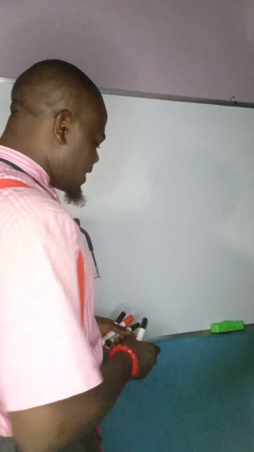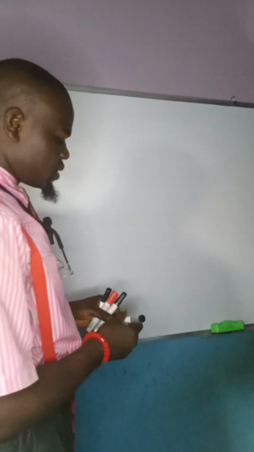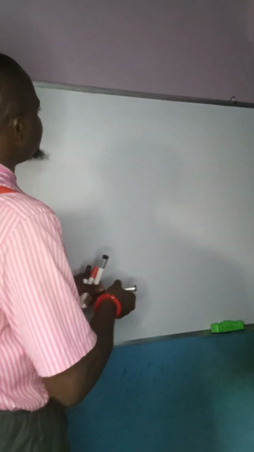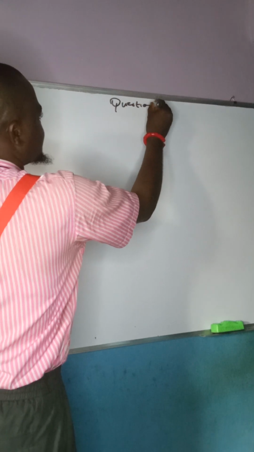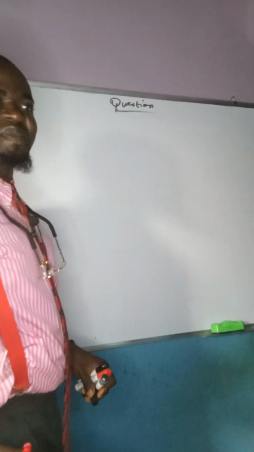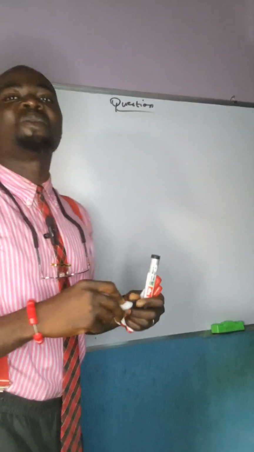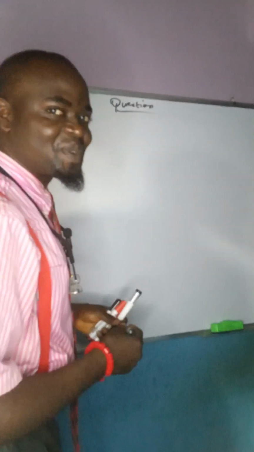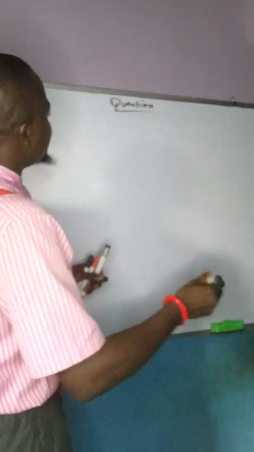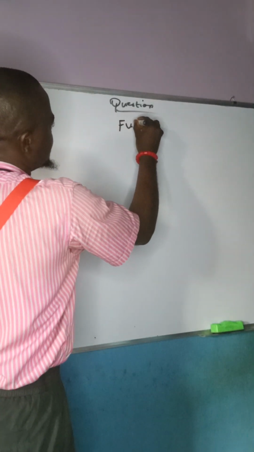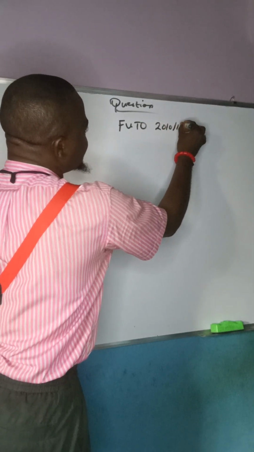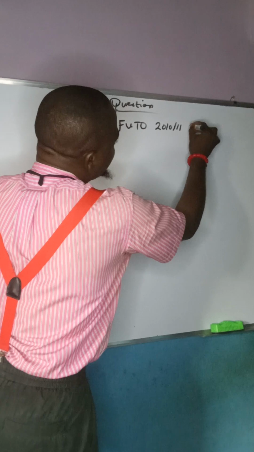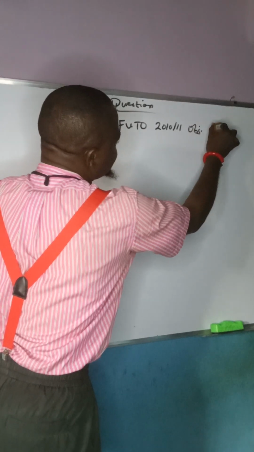So, my attention was drawn to a beautiful question by somebody with upper and lower band. You know what I mean? That is integration. And it's FUTO 2010/2011 objective questions.